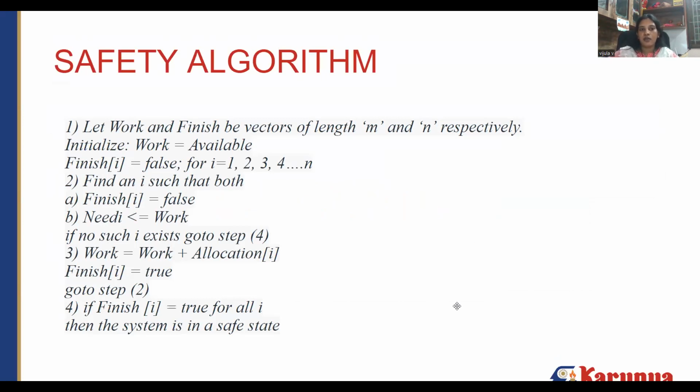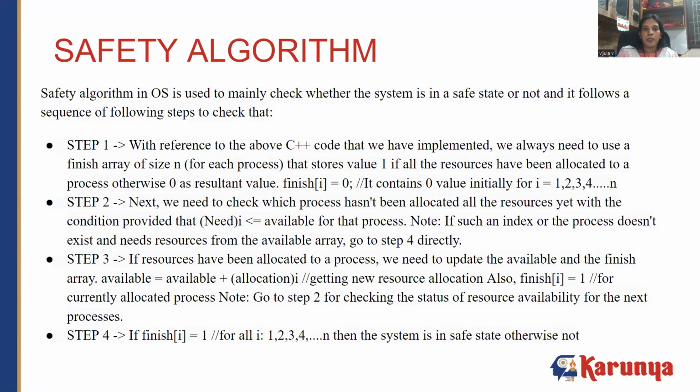We initialize the work, and as it goes on, using this algorithm we should find out if the system is in a safe state or not. You will be using this algorithm to implement your programs based on the safety algorithm.